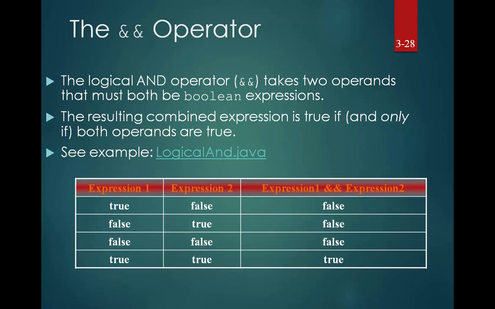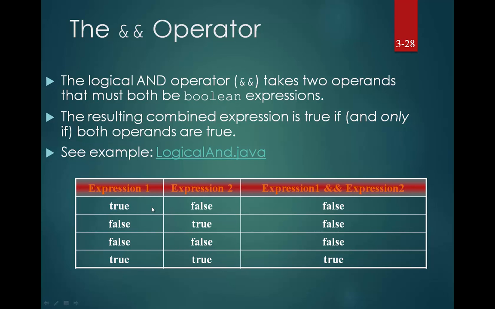We understand how our logical operators work through the use of what we call truth tables. They're called truth tables because they show the cases where an expression will be true or false based on the operands that are the parts of the expression. So here's an example. You see expression 1, you can think of it as the leftmost operand, and expression 2, or the rightmost operand, and how they combine using the and operator.